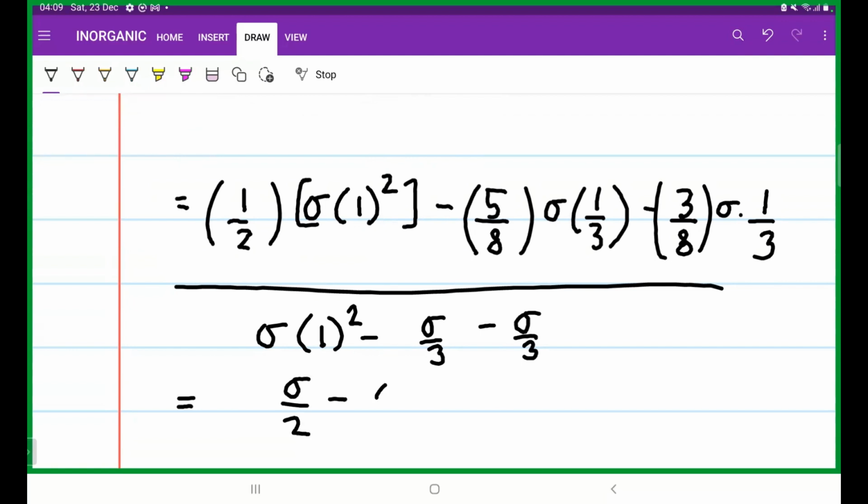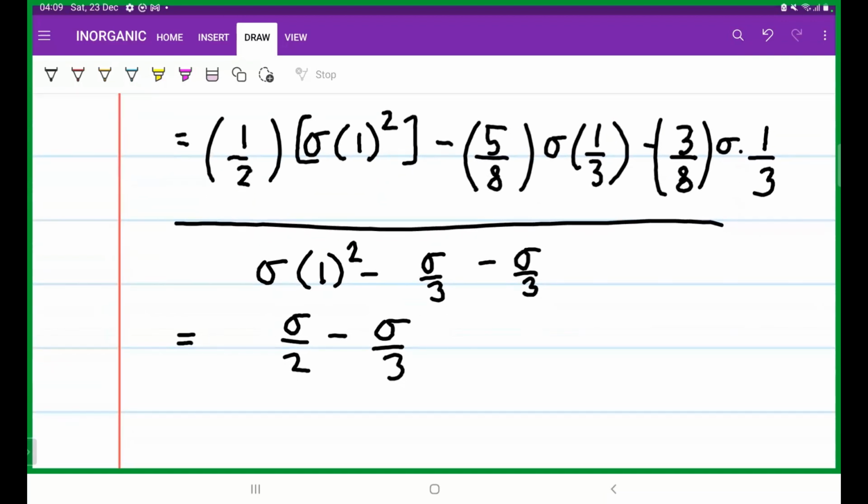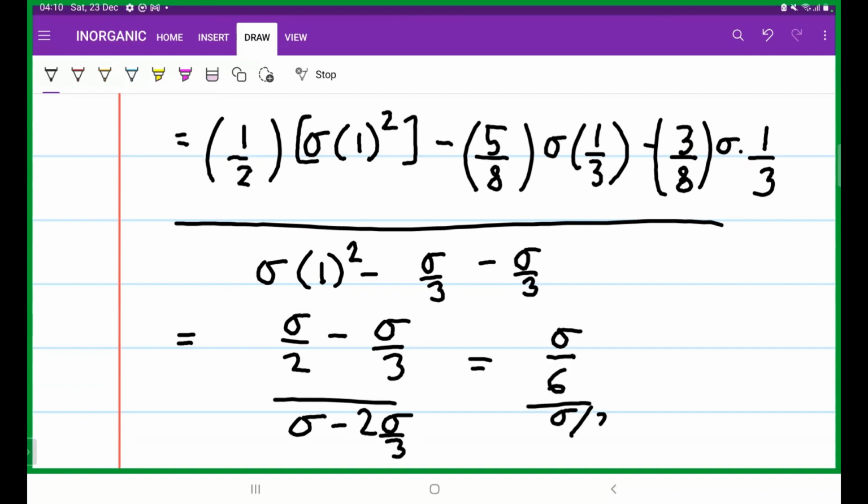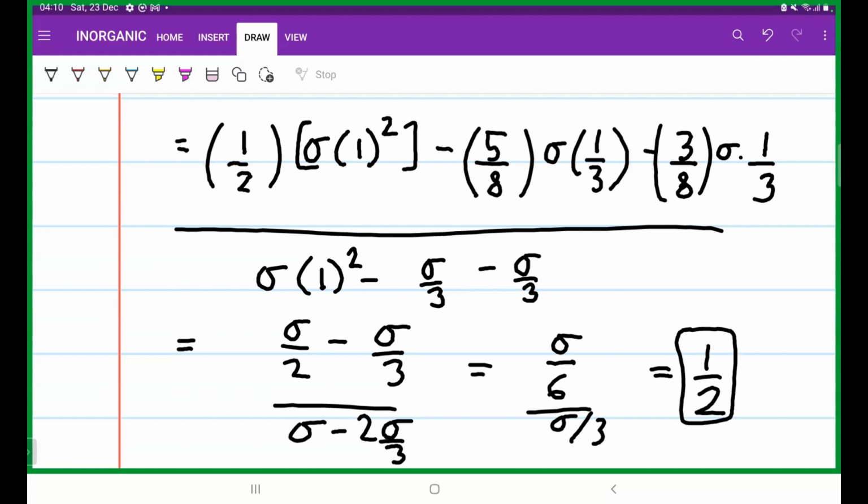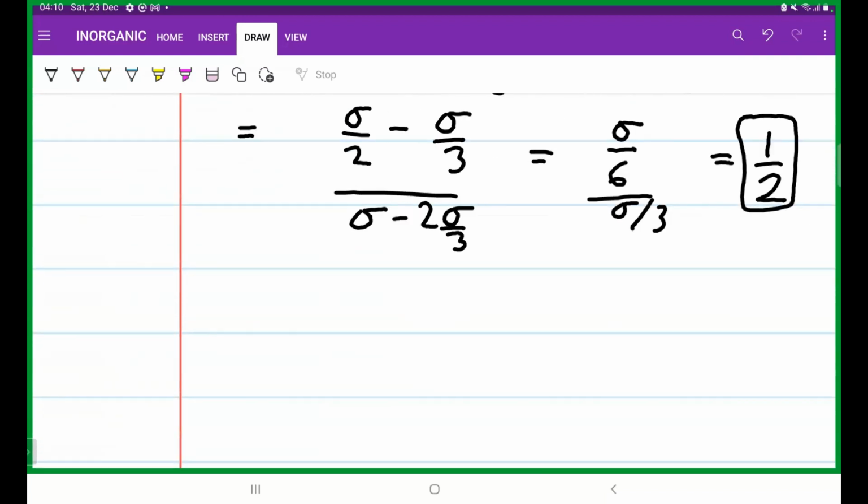This will be sigma by 2 minus sigma by 8, divided by sigma minus 2 sigma by 3, right? So this will be sigma by 6 divided by sigma by 3, which is equal to half. This is the x center of mass which has been asked from us.